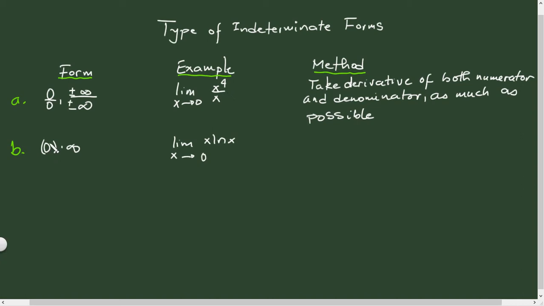And the second one is 0 times infinity. I have an example here: the limit of x times log of x, when x tends to infinity. The method here is quite simple. You just have to turn it into one of these forms, either 0 over 0 or infinity over infinity.